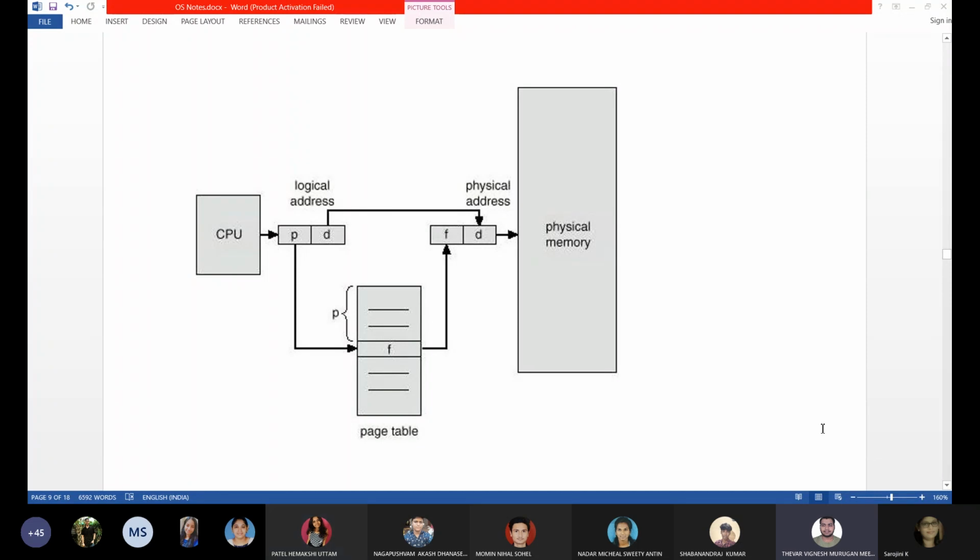Yes, ma'am. Can anyone say how both the offset of the logical address and the offset of the physical address are the same? I already said what offset is, so you should be able to say immediately.